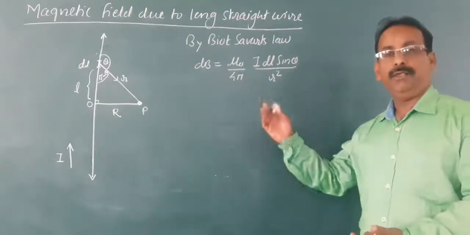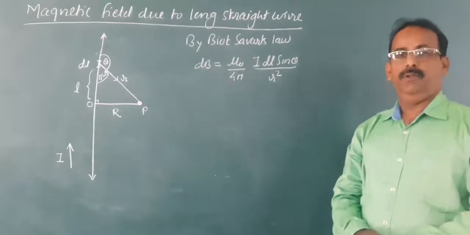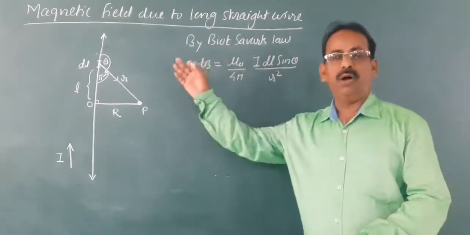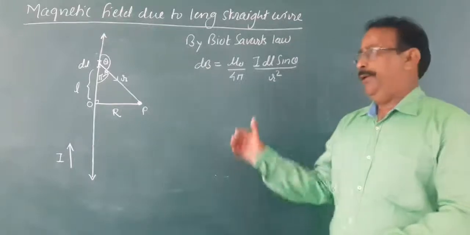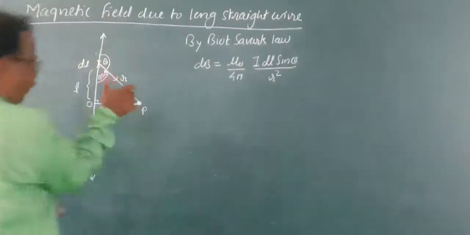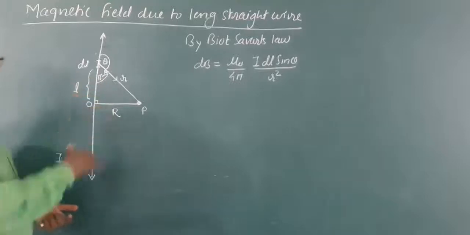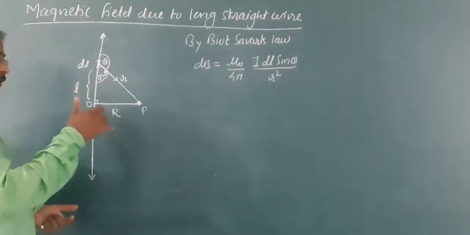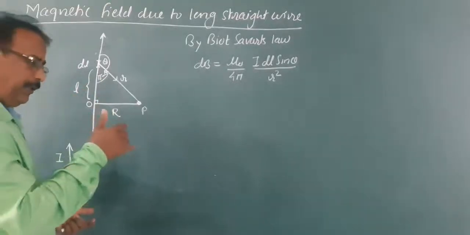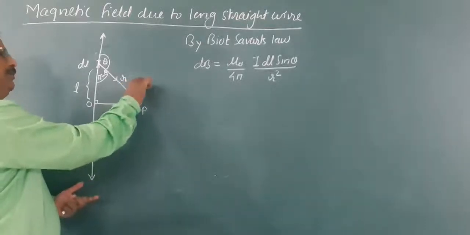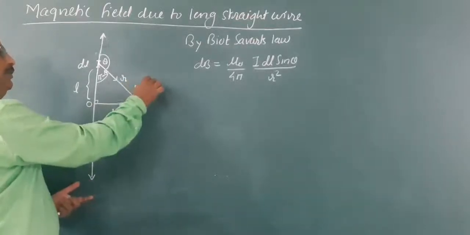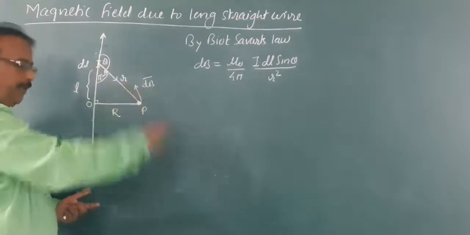This is the magnetic field produced by that small element at point P. The direction of magnetic field at point P will come inward. Inward means perpendicular to the plane of the figure and inward. This will be the direction of dB produced by the small element at point P.